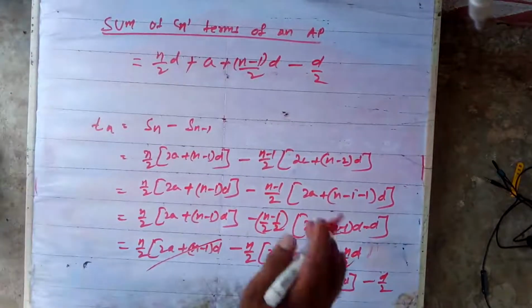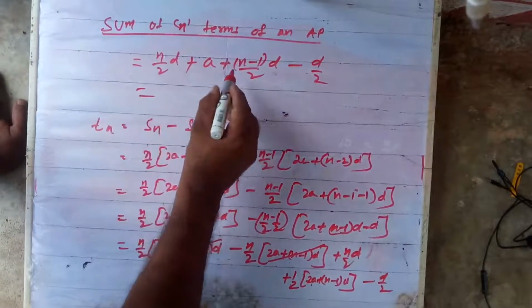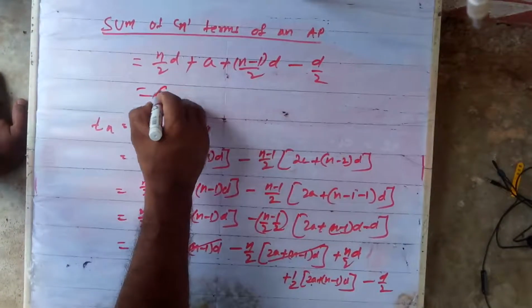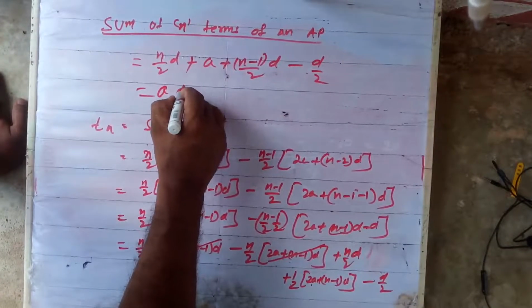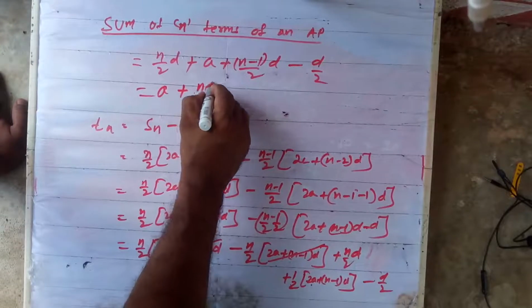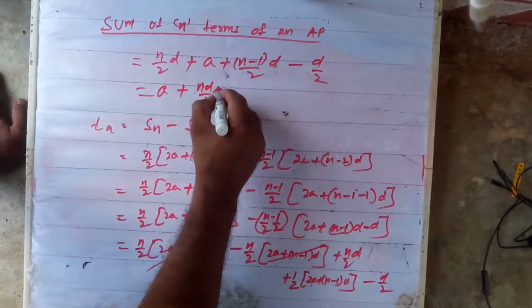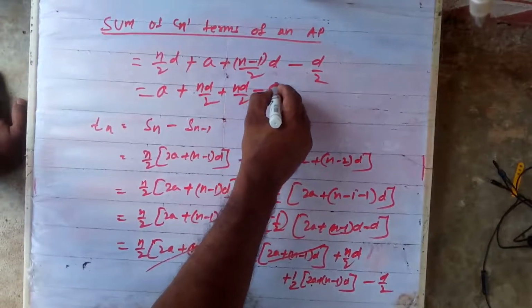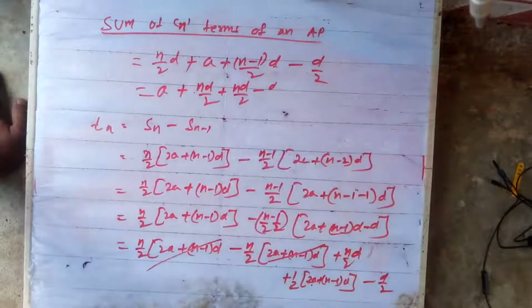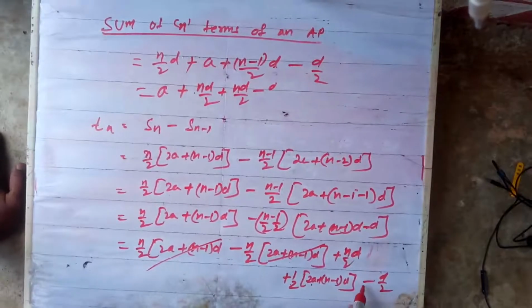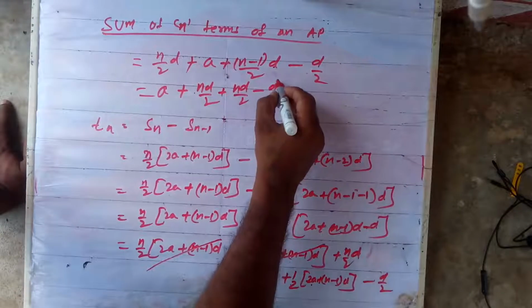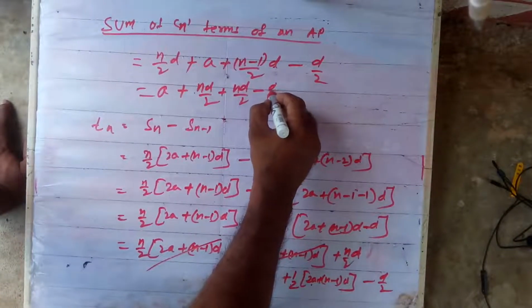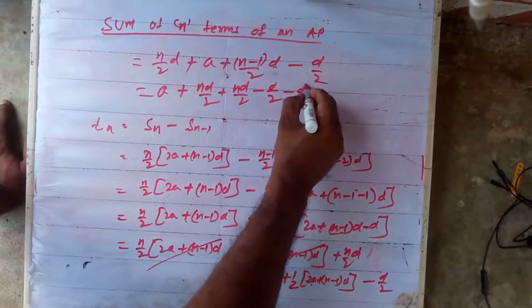Take a outside, plus n d by 2, and here it is minus d by 2 minus d by 2.